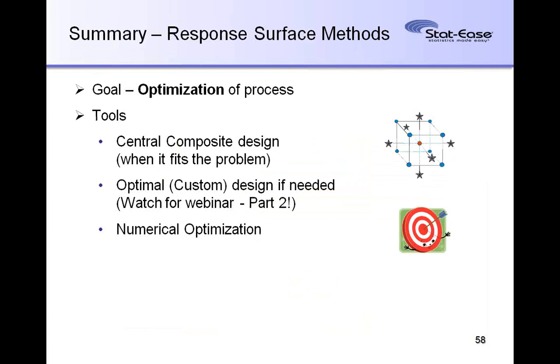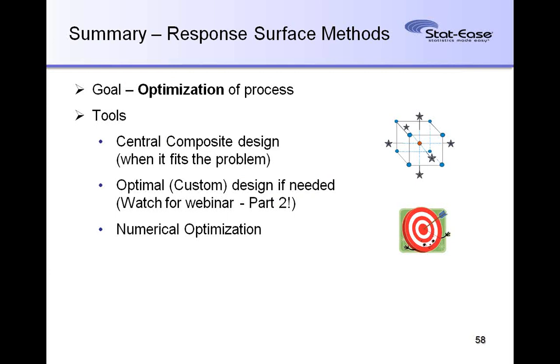Okay, so just to summarize our response surface designs here. When we're doing response surface methods, our goal is optimization. That's why we're using response surface methods. The central composite design is a fabulous tool when it fits the problem, and that's what we've been illustrating here. The optimal custom design is fabulous when it's needed.